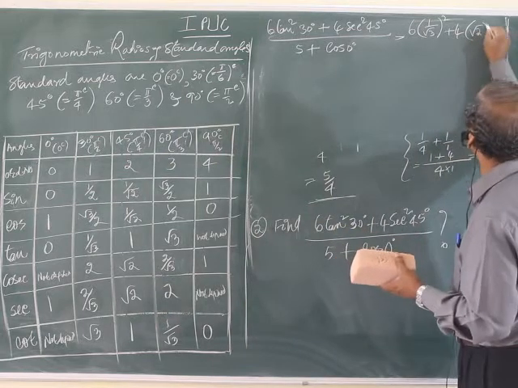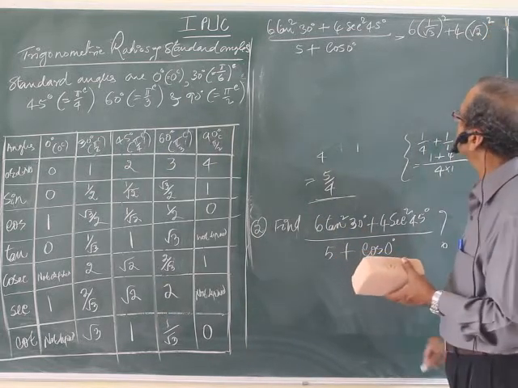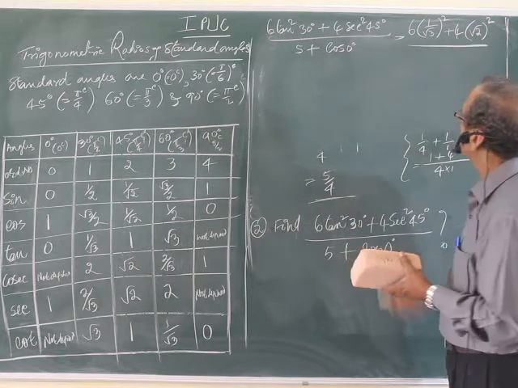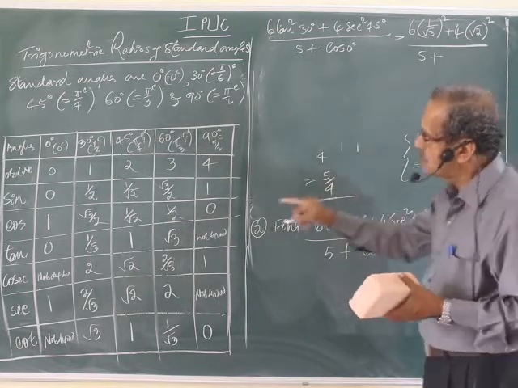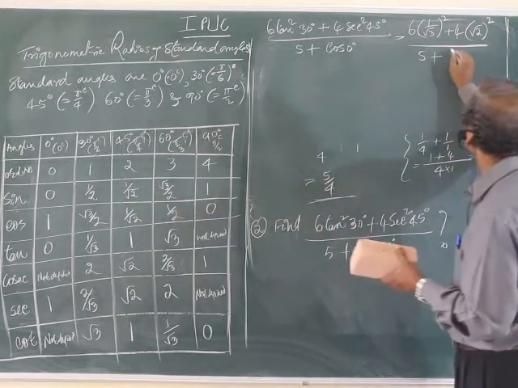Here also secant square is there. Divided by 5 plus cos 0, 1.